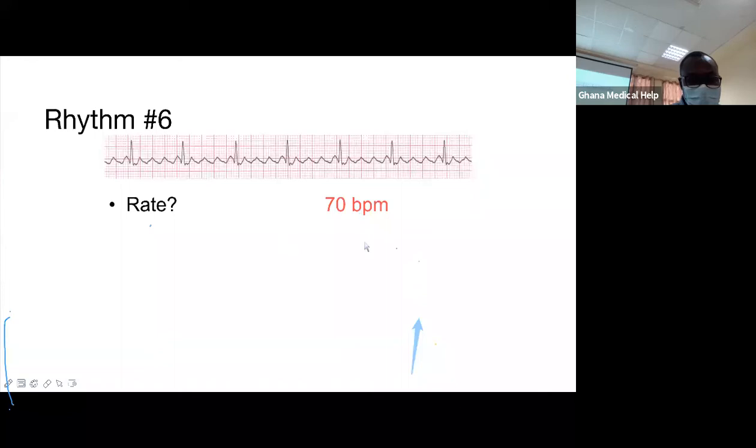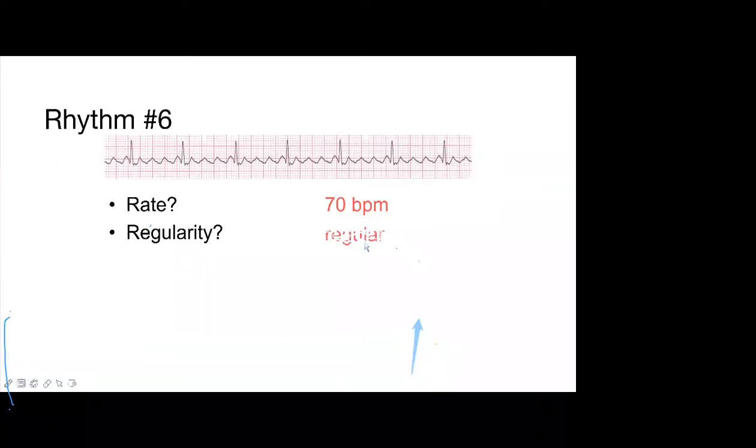Okay, so let's have a try at this one. Already, I think I've given the answer for the first part away. The rate is 70. This one is for those in-house. Rhythm number 6. Is this regular or irregular? Anybody at all can answer, so that we'll move on. It's regular. All right, I agree with you. P waves.